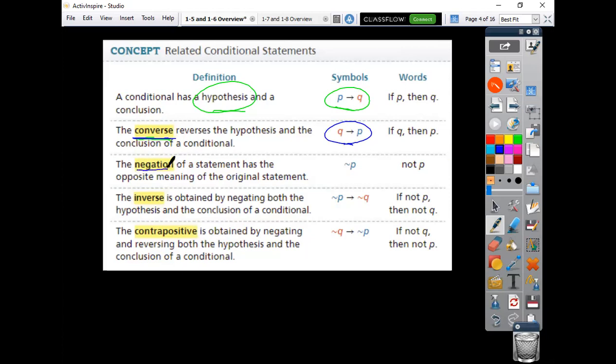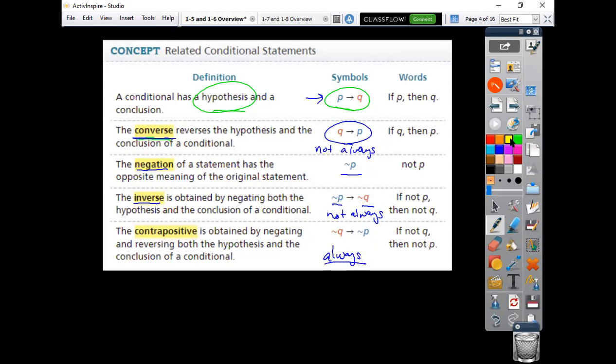A negation is when you say not P, and when you do an inverse, you say not P, then not Q. Again, not always true if you have this conditional to start with. I'll give you an example here. This one's not always true, and this one will always have to be true.